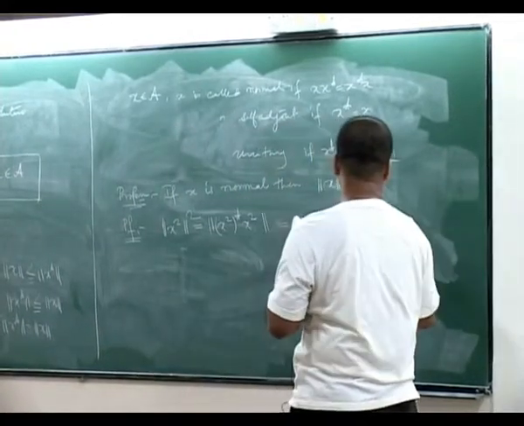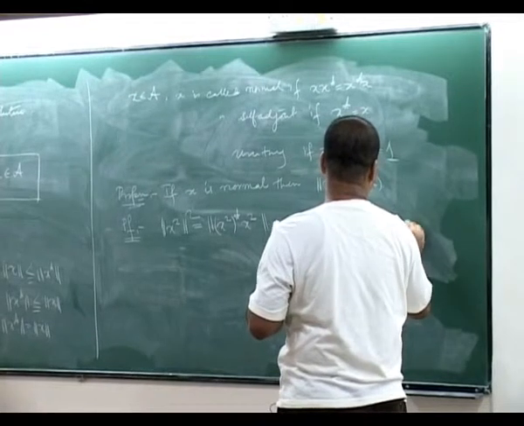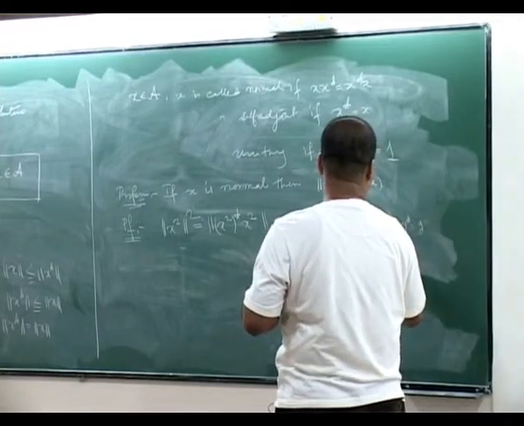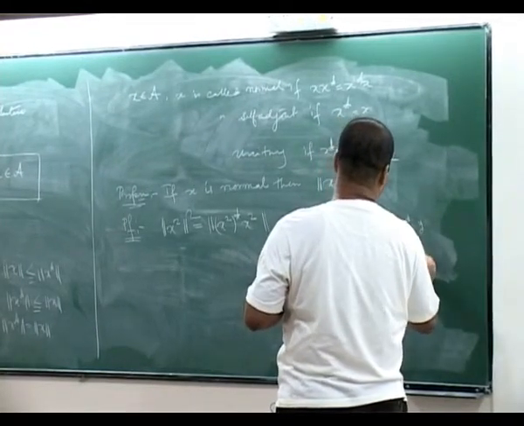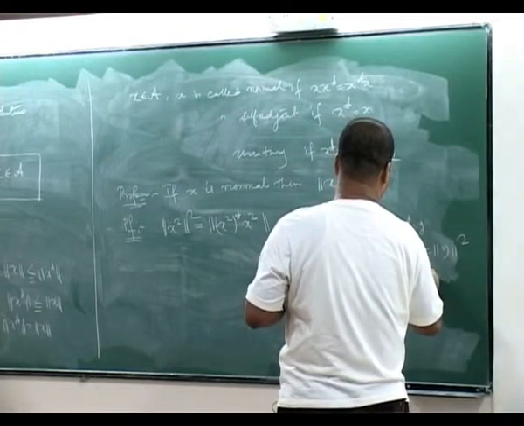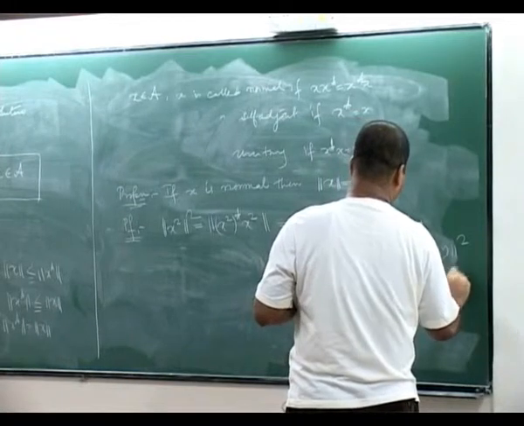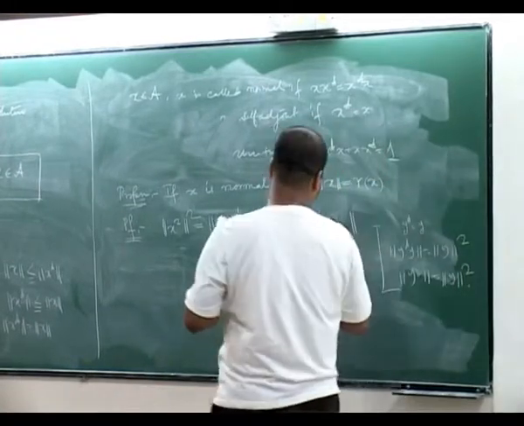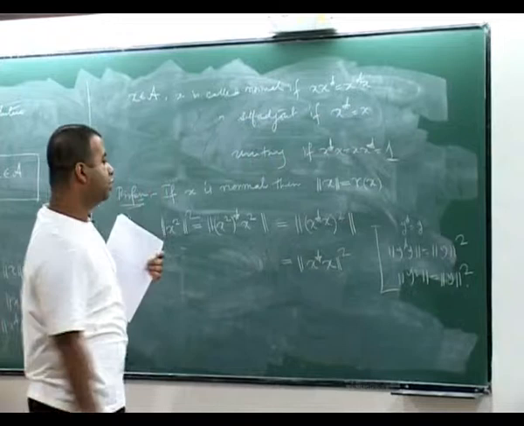If some element is self-adjoint, so suppose y is self-adjoint, then that condition norm y star y equals norm y square means that norm y square is norm y square, and x star x is self-adjoint, so this happens.